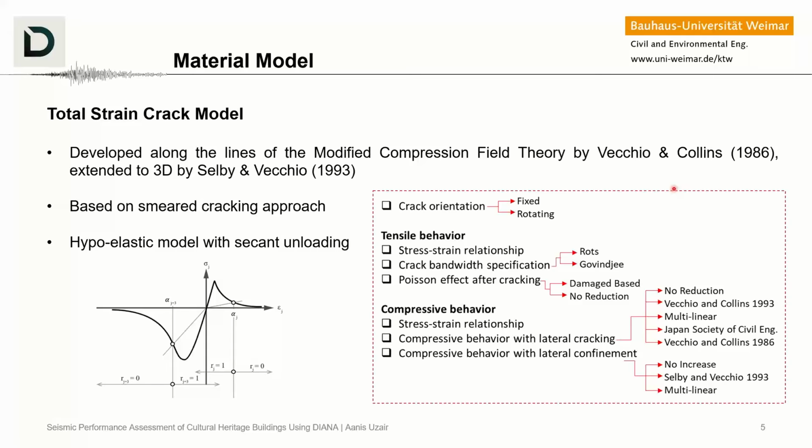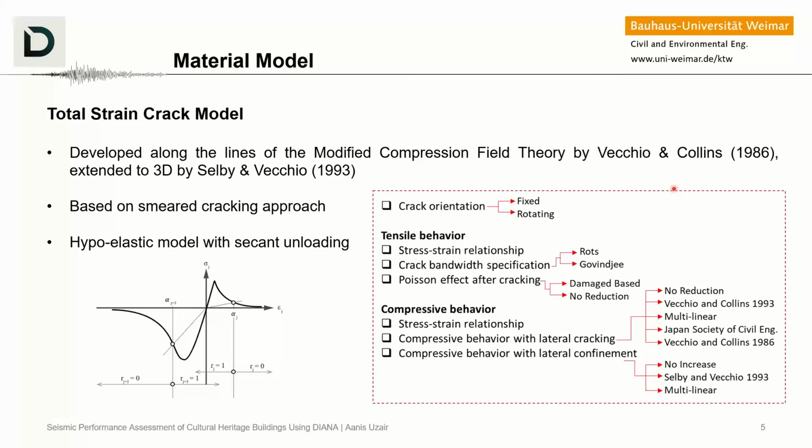In this case, we cannot do that because typically in cultural heritage buildings, the walls are of irregular shape, which means the cross-section is not consistent along the length of the wall, and using a shell element with a particular geometrical cross-section is not really possible. So when you have irregularities and a structural system which cannot be modeled with shell elements, then a good choice of material model is the total strain crack model.